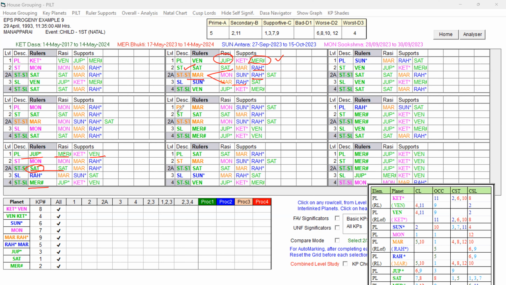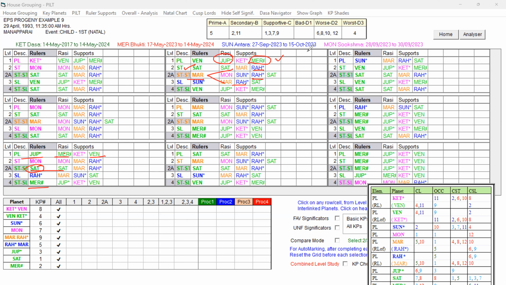But when the destiny also has some weakness and the Dasa Lord also has some weakness, the Bugdi Lord should be the strongest one, free from the unfavorable, and should have the favorable key planets of the destiny and also the favorable key planets of the Dasa Lord. In that way, Venus as Bugdi Lord did not favor, but as Antra Lord under Jupiter, it was supportive for the delivery.